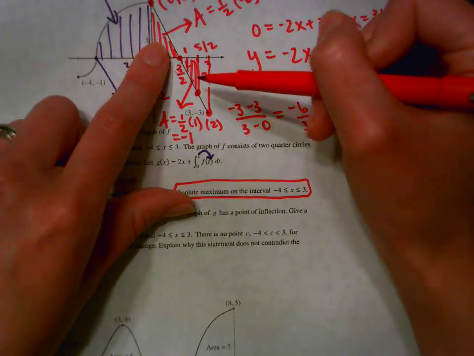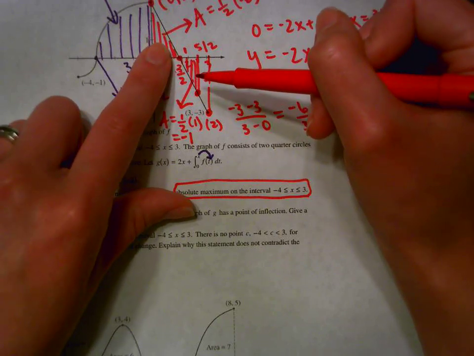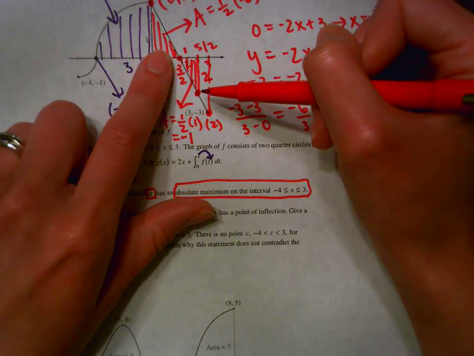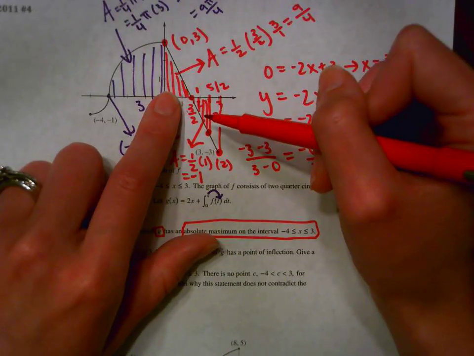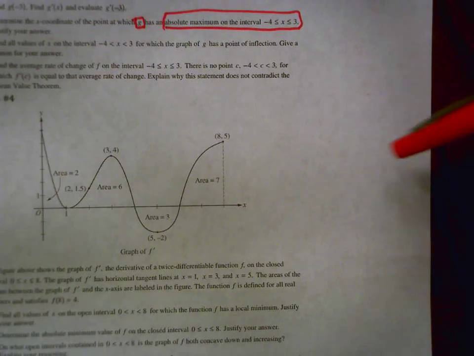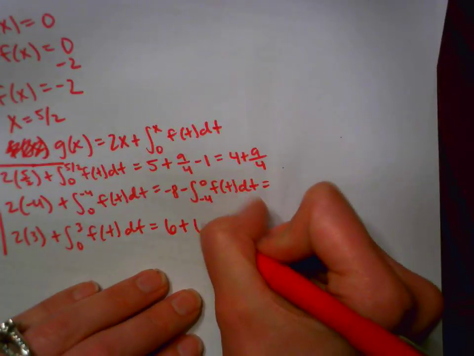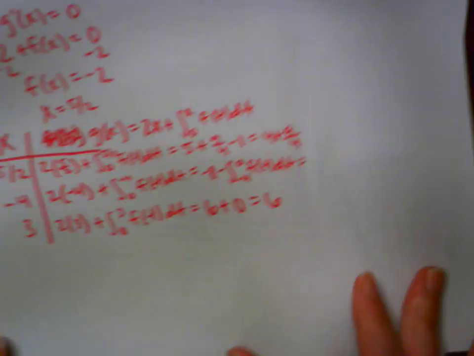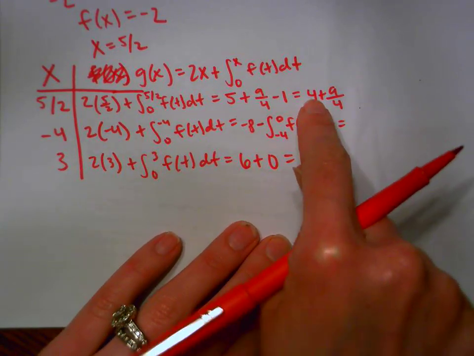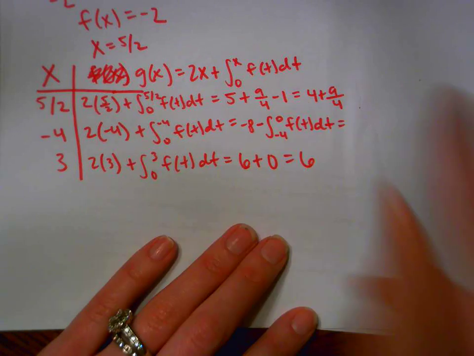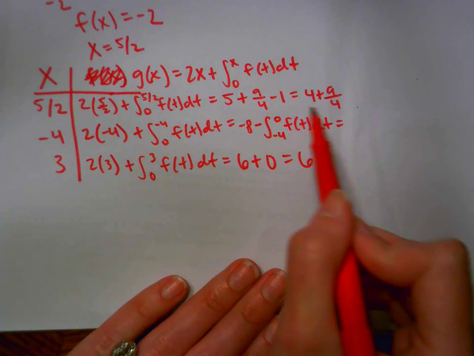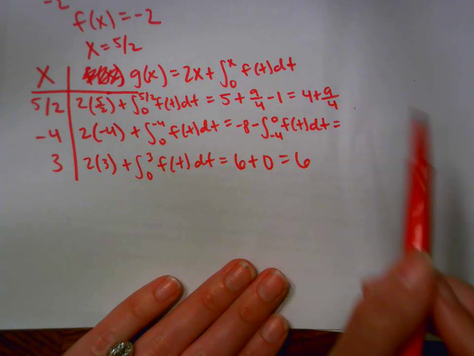This is a positive triangle and this is a negative triangle with the same area. Those are identical if you worked it out. So those just cancel each other out and that integral would end up being 0. So it's just 6 plus 0, which is 6. Now you just have to decide what's bigger, 6 or 4 plus 9/4. However you want to do that is up to you, but what ends up being bigger is 4 plus 9/4.